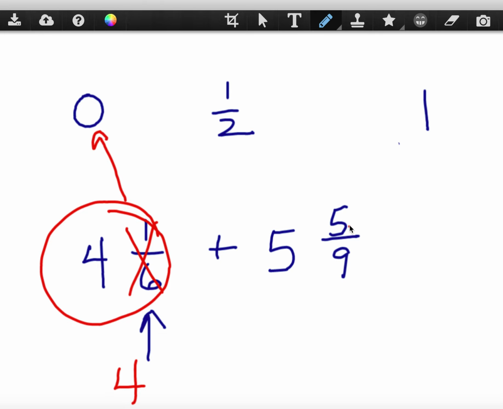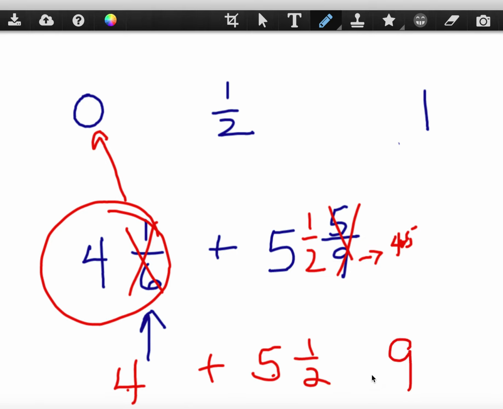Look at this one. Half of 9, if I take half of 9, that's about 4 or 5, right? Kind of in between. So 5 would be the halfway mark. So instead of 5/9, I'm going to round this to a half. So now I have a new combination. This is my estimate. 4 plus 5 is 9.